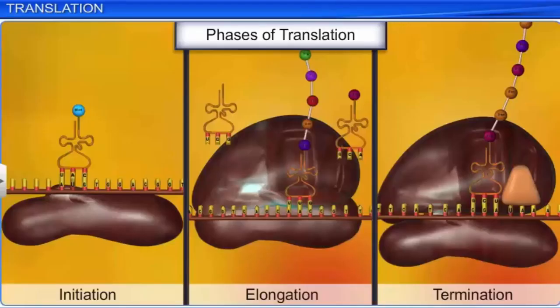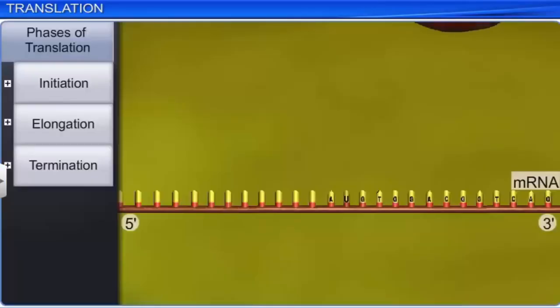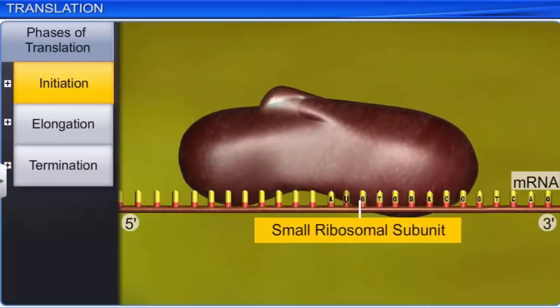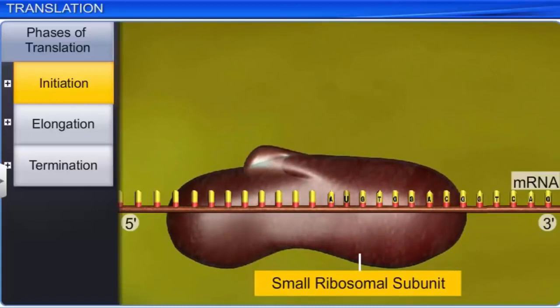Translation occurs in three phases: initiation, elongation, and termination. In the initiation phase, the small subunit of the ribosome moves along the mRNA strand to locate and bind to the start codon AUG.